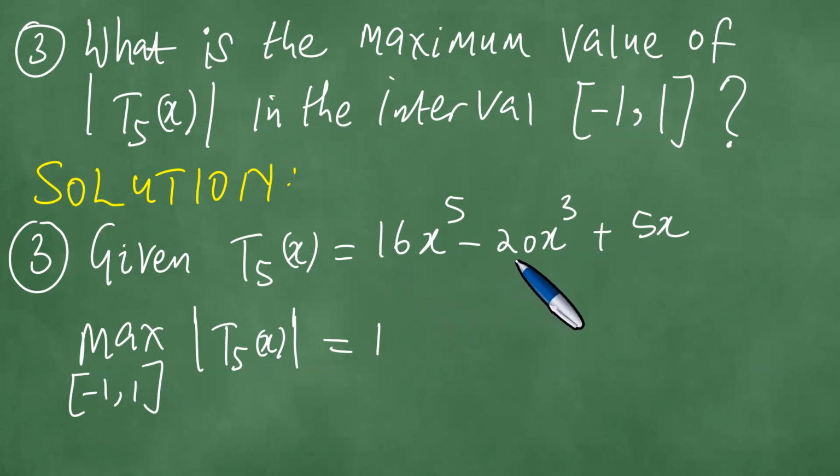You have 16 minus 20, which is minus 4, plus 5. It gives us a 1. What about minus 1? You'd have a minus 16 plus 20, which is exactly 4, minus 5, which is a minus 1. So anyhow, the maximum is indeed 1.